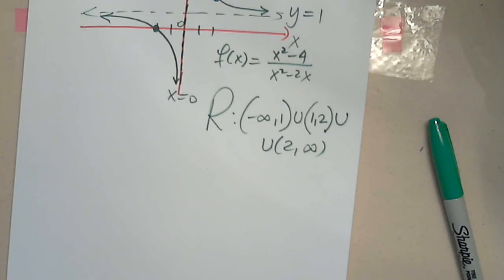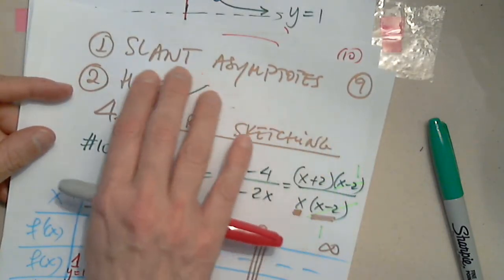So now, with your permission, I would like to look at a function that has a slant asymptote.